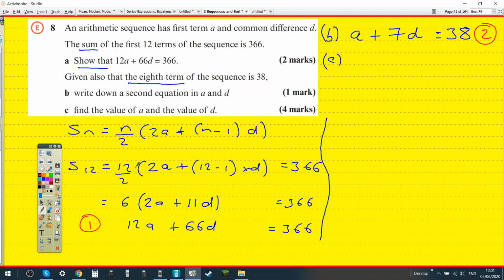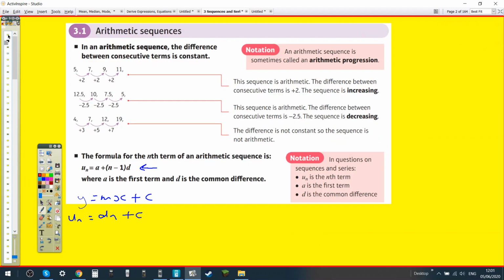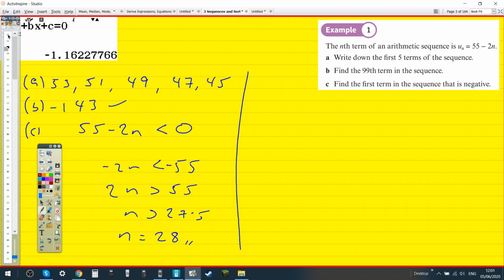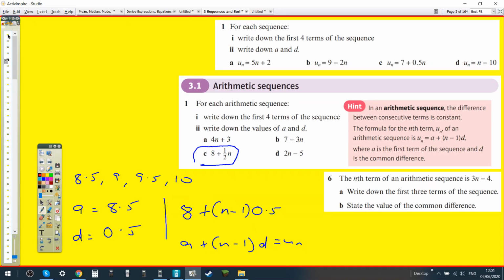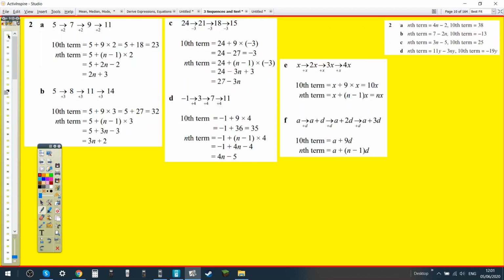Okay. Tricky stuff. Hang on, let me go back, because this is a new topic. So arithmetic sequences and arithmetic series. So sequences, you saw dn plus c. Now they're using a plus n minus 1 d. Same idea. This stuff, you can use a calculator to get the first 5 terms. a is the first term, d is the common difference.